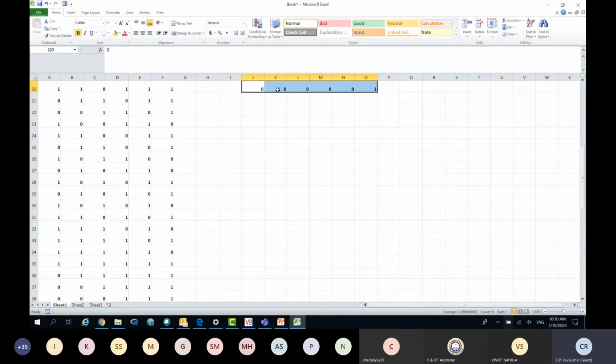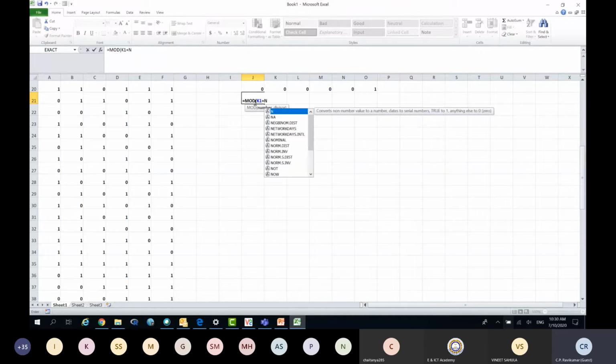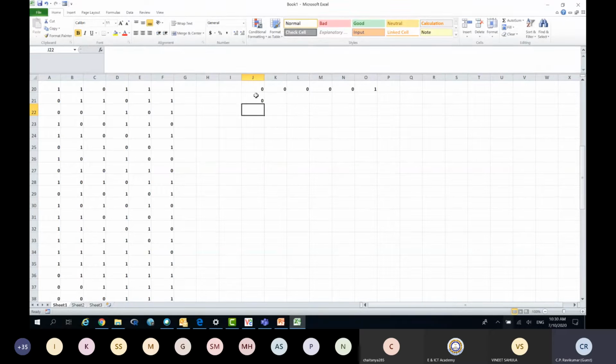This is x1, x2, x3. So x2 is k1. I'm going to take the sum of k1 plus n1 plus o1. Something is wrong here. K1 is this, n1 is this, o1 is this.